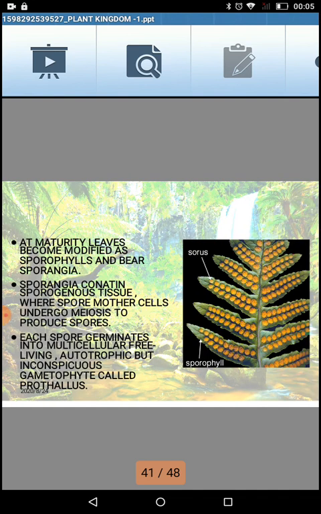If we move ahead, I just want to explain this whole thing with the help of this diagram. The diagram which you are being shown is of a kind of fern which is called Adiantum. Ferns, I think most of you have seen. Ferns have long elongated leaves with a serrate margin, and some notches are present.